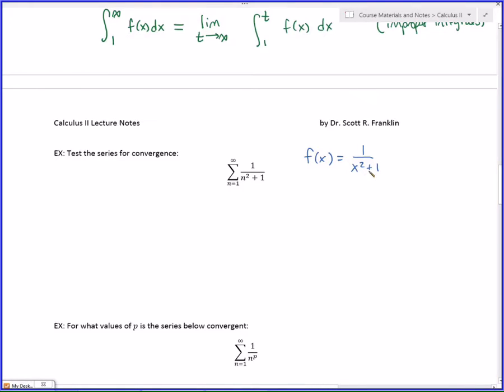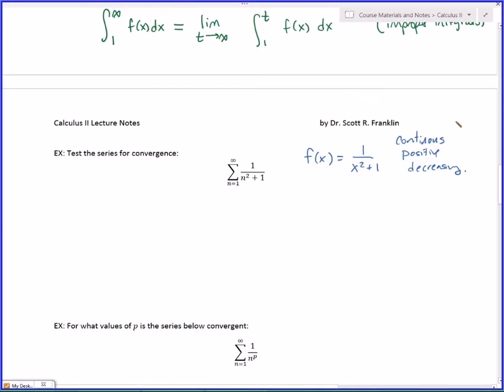So this thing's continuous everywhere. So continuous, yes. Is it always positive? Yes. x squared plus 1 has got to be positive, right? Is it decreasing? Yes. As I go left to right, as I plug in bigger numbers for x, the denominator gets bigger, so the whole thing gets smaller. So it's continuous, positive, decreasing.